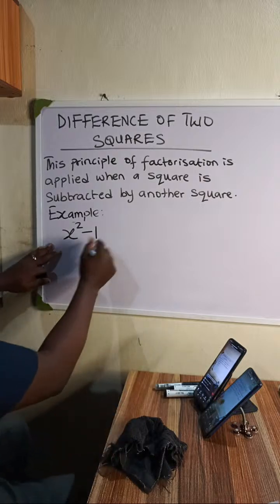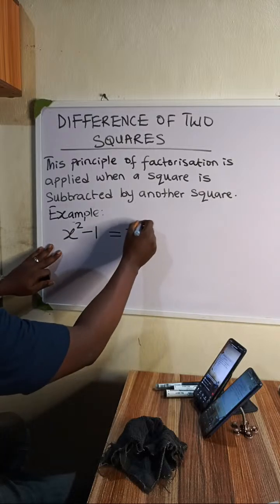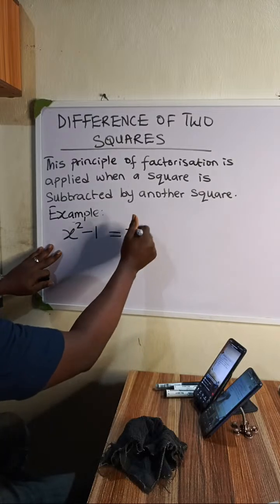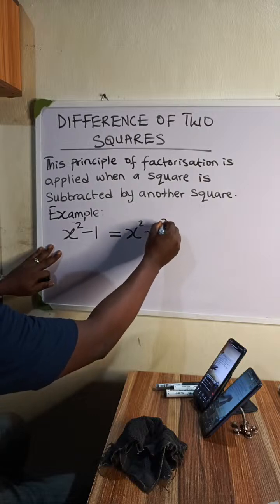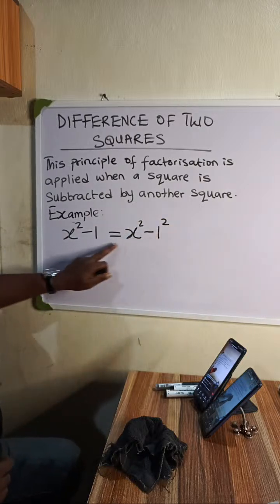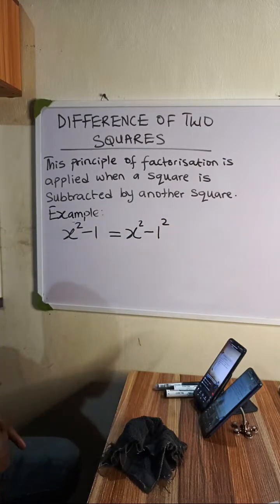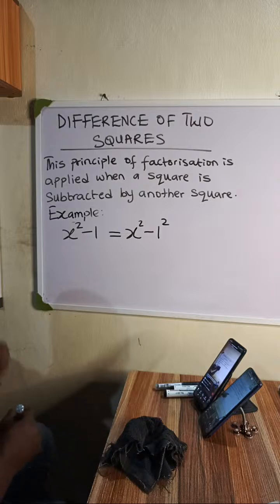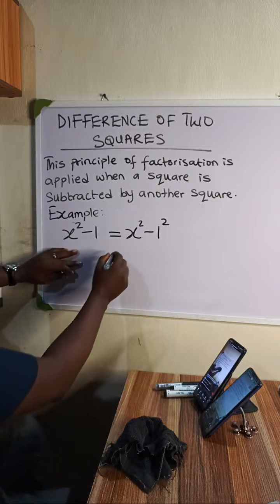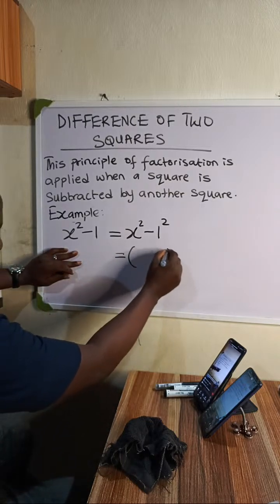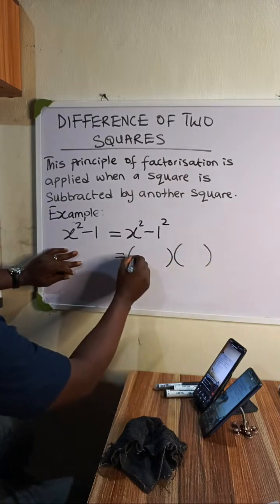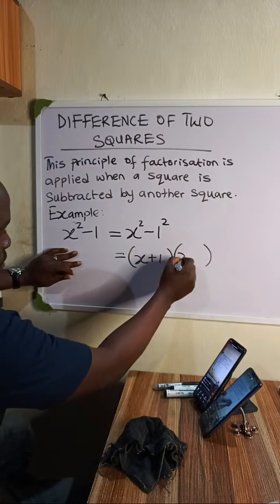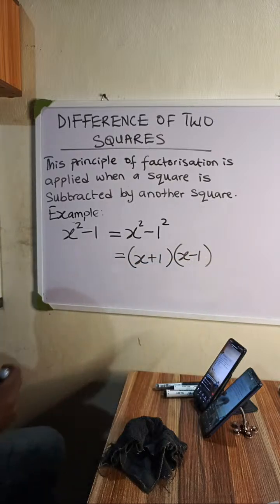So instead of having 1 here, we can simply have x squared minus 1 squared. 1 squared is the same thing as 1. Correct. So since we've gotten that, we can just open the two brackets, x plus 1 into x minus 1.